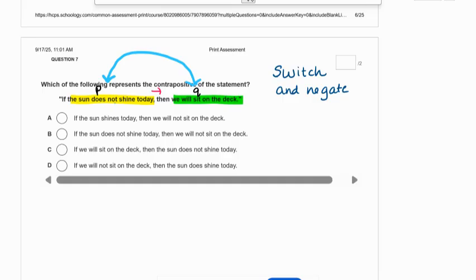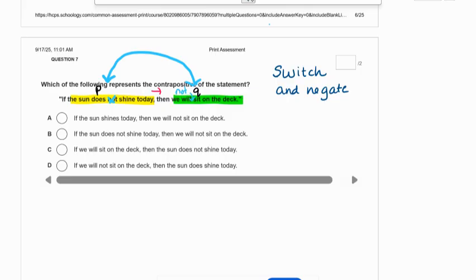All right, this originally had a not in it. If you negate a not, it just simply goes away. The original conclusion said we will sit on the deck. We need to add the word not in there to negate it, since there wasn't a not there originally. So we're looking for it to say we will not sit on the deck.